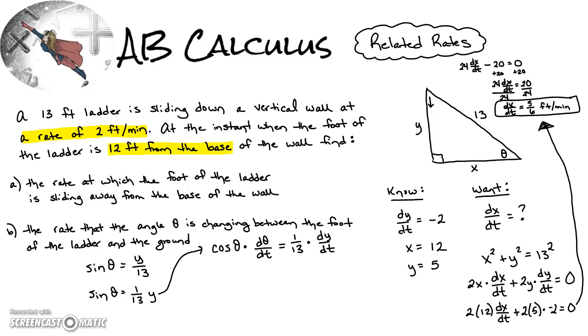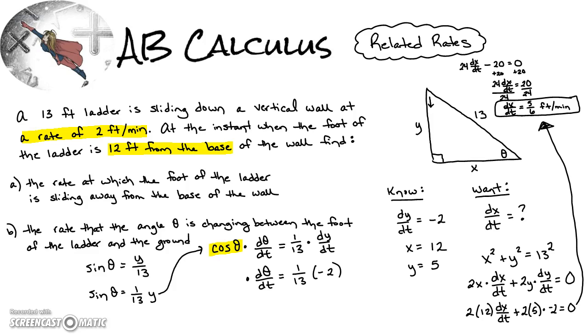All right, now we plug in everything that we can. We will not know d theta/dt because that's what we're solving for. 1/13 dy/dt was what we had before. It's times -2. That was from part A. And then the last thing to fill in is the cosine of theta.